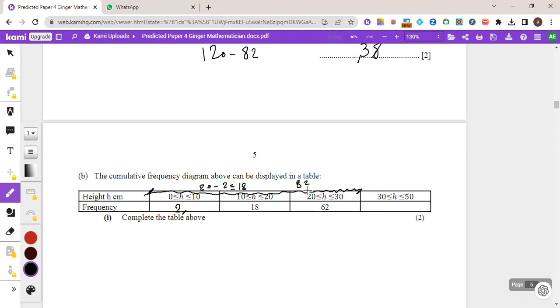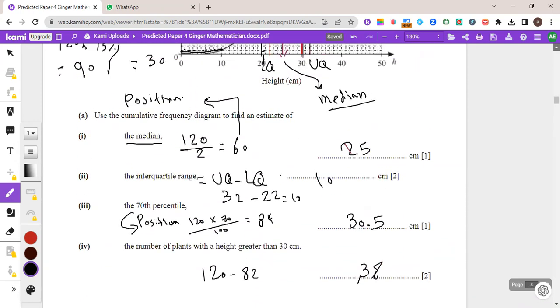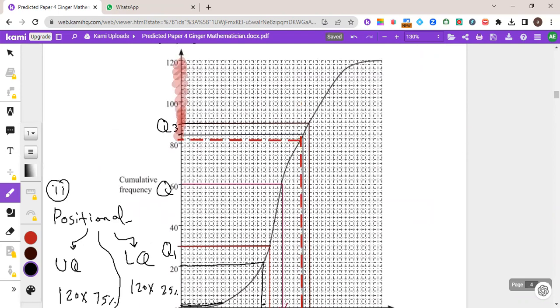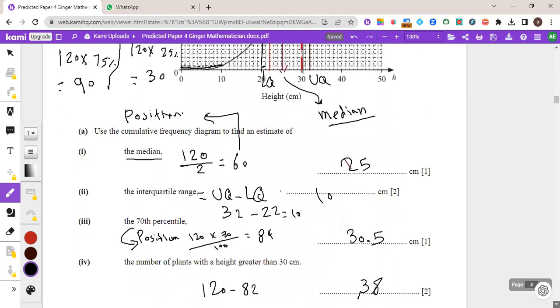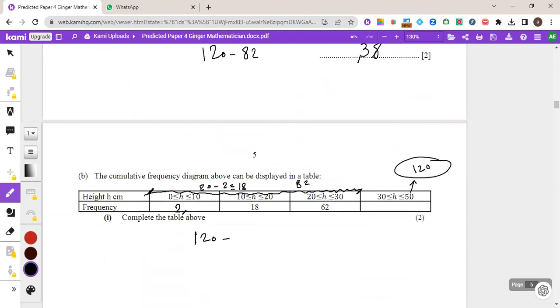Then subtract from 120. Why 120? Because at 50 it is 120, from the graph. For 20 to 30, it's 62 at 20, and 30 is 82, but at 20 it's not exactly 20, it's 19 actually. So 120 minus 82 is 38.